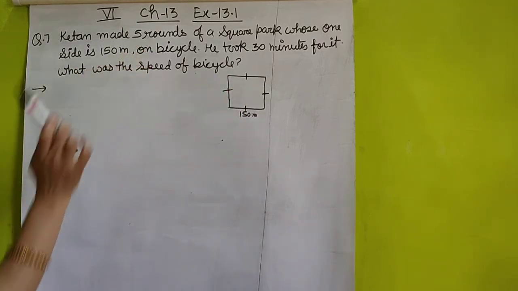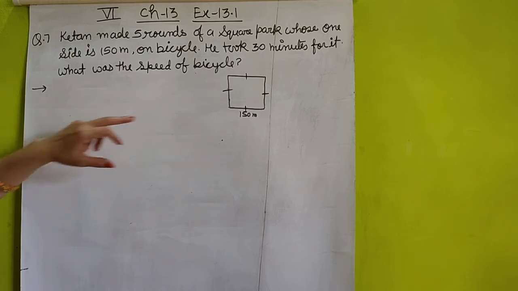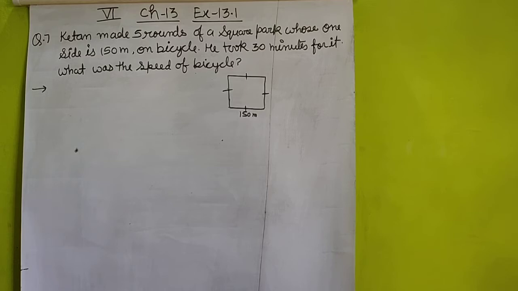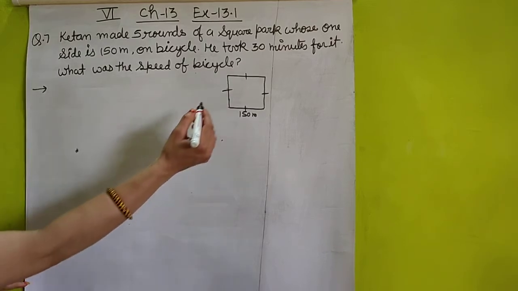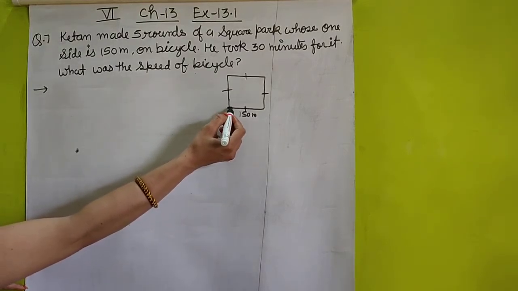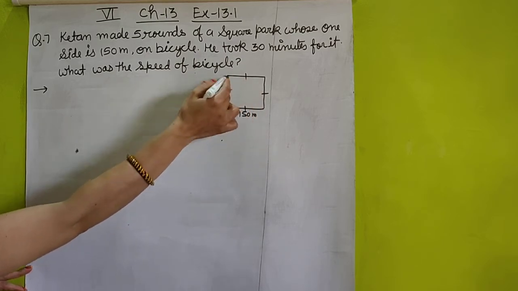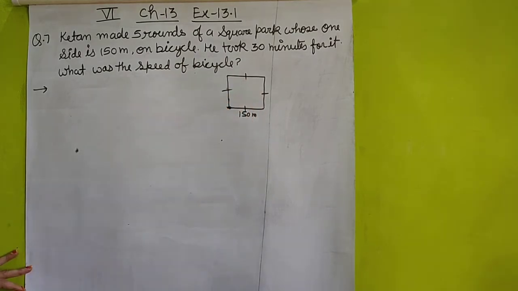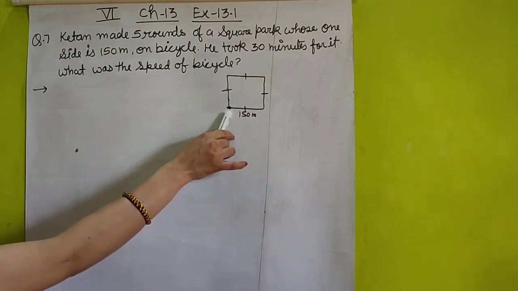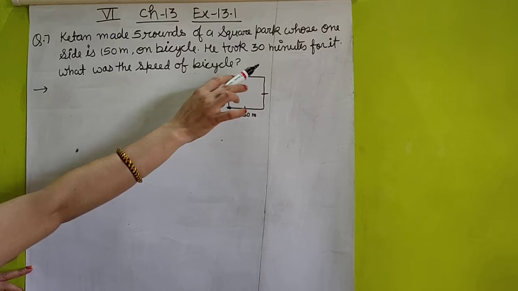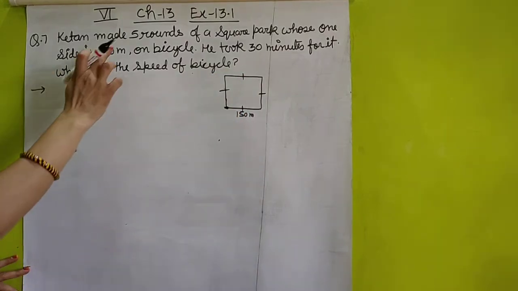He took 5 rounds, students. As you know, one round will be equal to the perimeter of the given square. Suppose he starts from this point and takes one round. One round means around the boundary, and around the boundary means the perimeter. He is saying he took 30 minutes for completing 5 rounds.